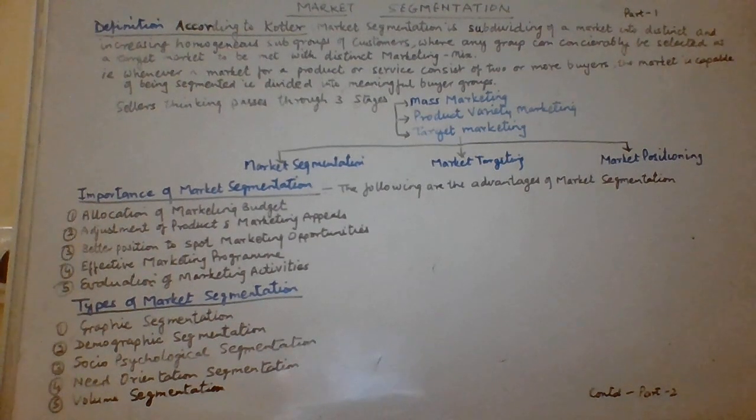That is, as to how to grow, whether the market can be expanded, maybe on the basis of income group, or the economic condition of the people of the area.